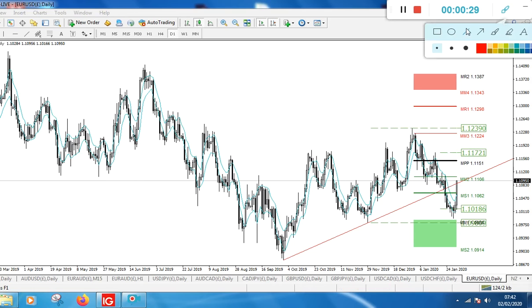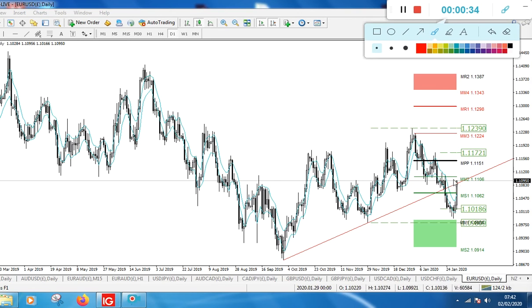But we're gonna wait and see how the Monday session is gonna open. If it opens at the same level, we see how it's gonna proceed next. If it's gonna start going up, it would be time to buy.